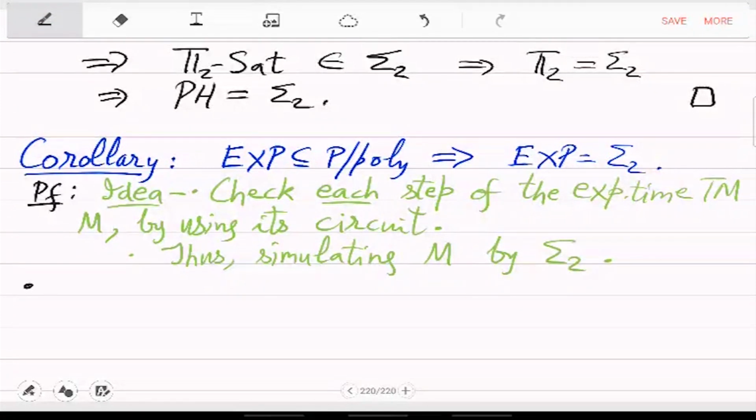How is this done? So, suppose L is in EXP and it has a poly-size circuit.